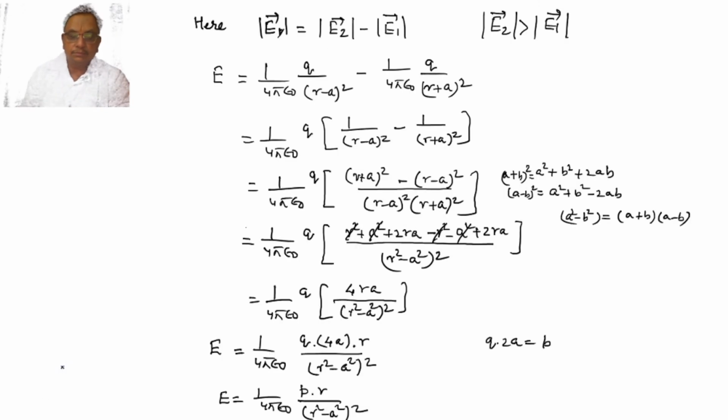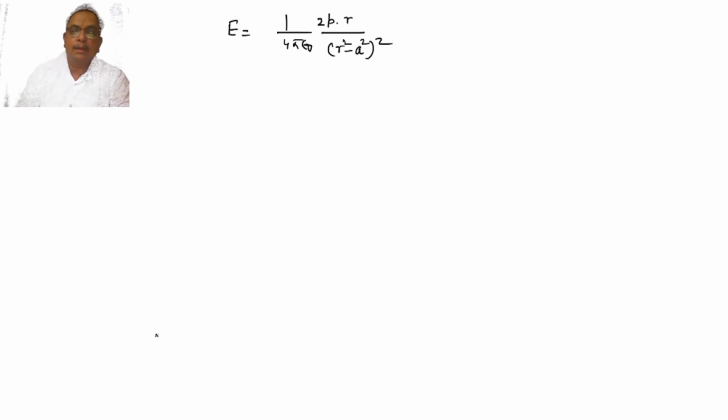Electric field becomes 1 over 4 pi epsilon 0 2PR over R square minus A square whole square. Now you know that if R is very large in comparison to A, the pole length is very small, of micrometer order, and the distance is of centimeter or meter order.